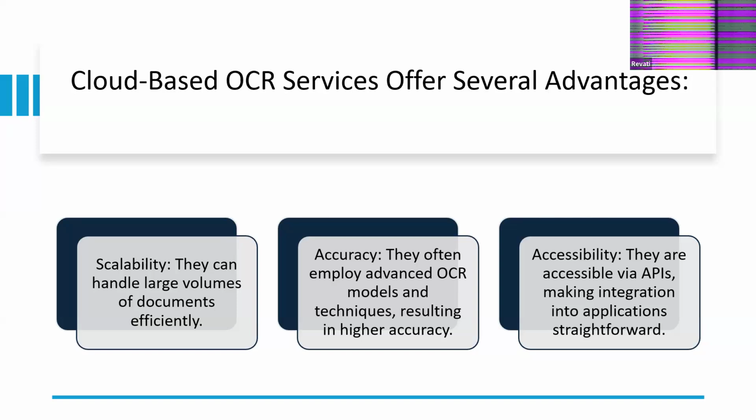Accuracy-wise, before OpenAI came in the game, Google was doing better. And back in 2020, Amazon had one model that was able to detect the table and the table cells correctly. But now with OpenAI, we have much more advanced services.